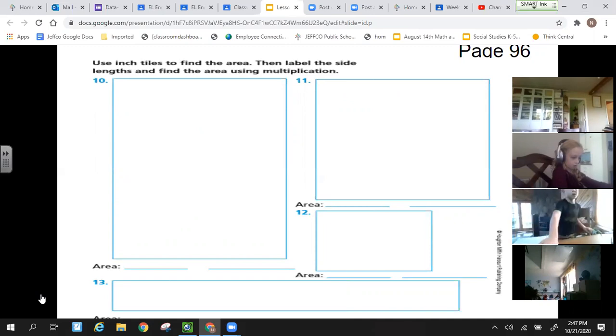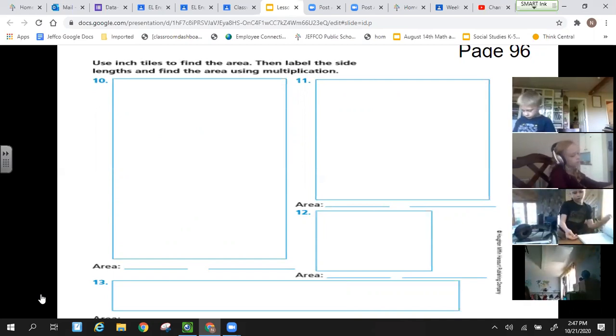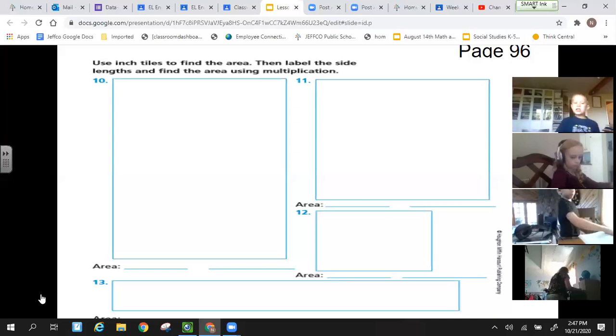So if you can just rip out page 96, you'll find that it's a lot easier. You also will need the square inch tiles that I sent home in your brown bag and that I asked you to cut this morning. Remember I said you'll need about half of them? You'll need about 16 of them.